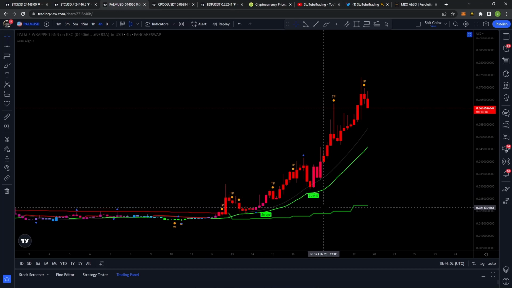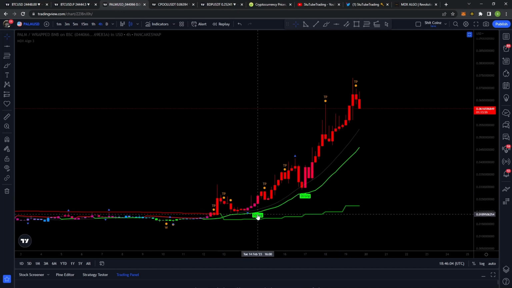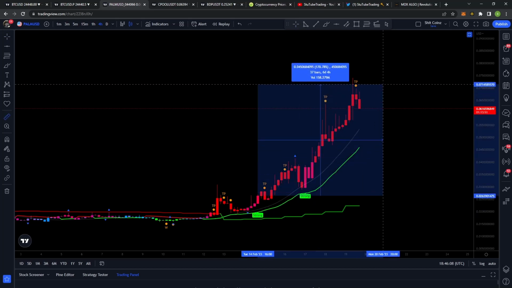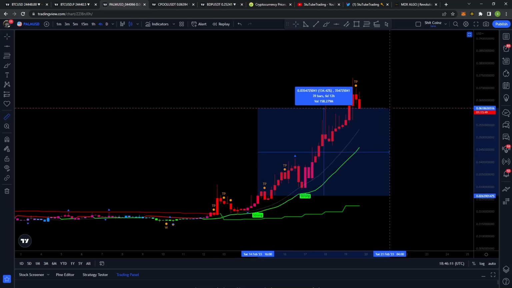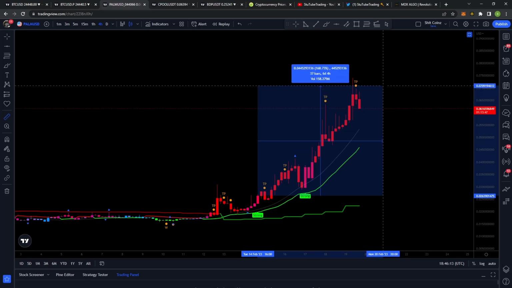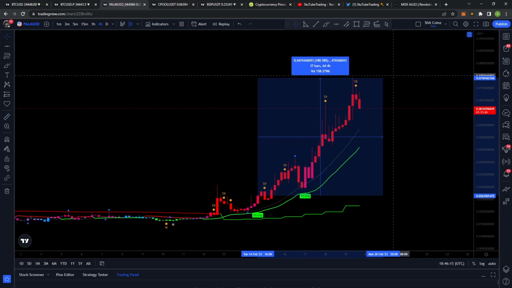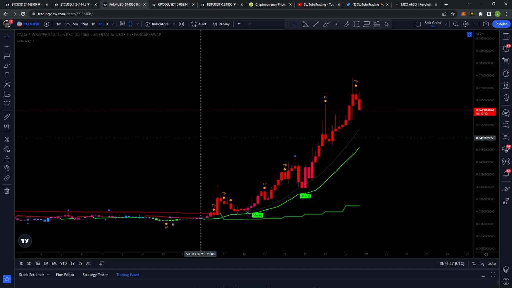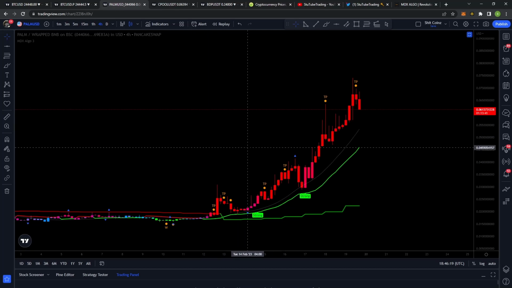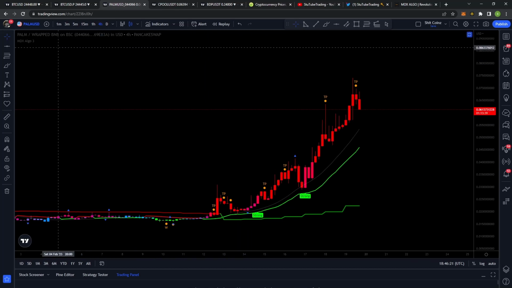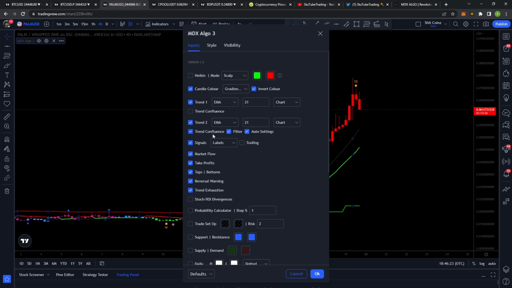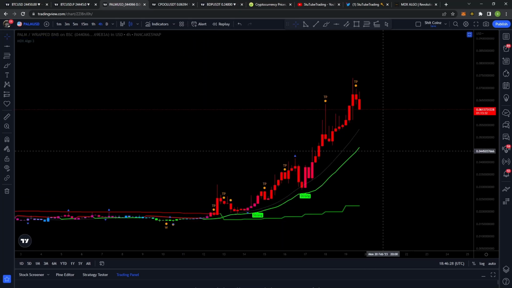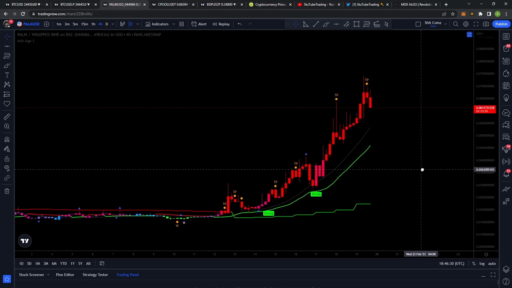So absolutely beautiful. Even just from the first long signal on the 4-hour chart here, if you waited for this daily candle close way up here, it's currently still up 130% or so, having topped out at about 180%. So beautiful call there. I'm finding that the Algo 3 with the way I have my settings right now, like I said, with the trend confluence on auto settings, the 4-hour and the daily have been picking up some absolutely explosive moves.